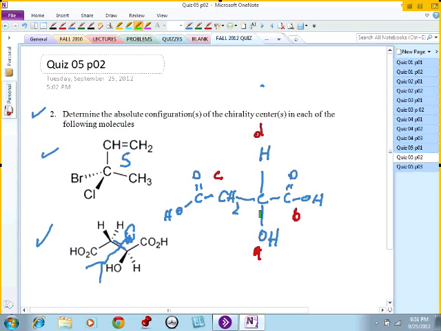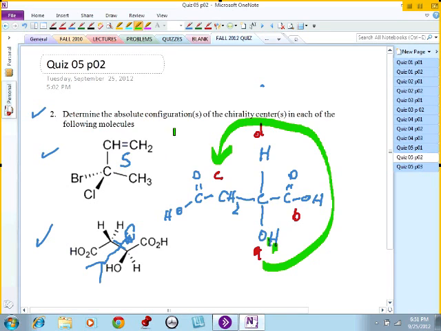Now you make your motion from A to B to C, right? A to B to C. Ignore group D. And what is that?